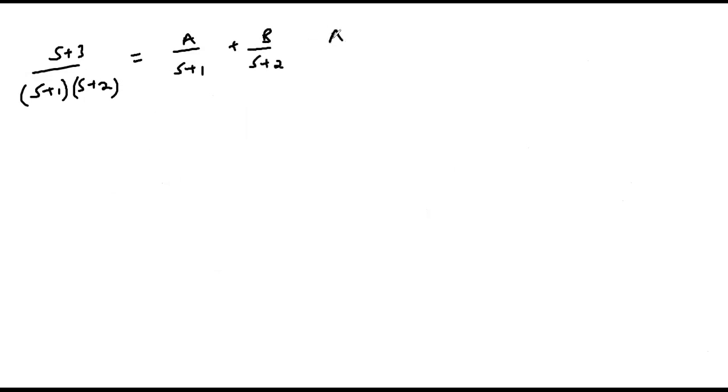Let's take the first one. (s plus 3) over (s plus 1)(s plus 2) can be written as A over (s plus 1) plus B over (s plus 2), where A is (s plus 3) over (s plus 2) when s is negative 1, which gives us 2 over 1, which is 2.